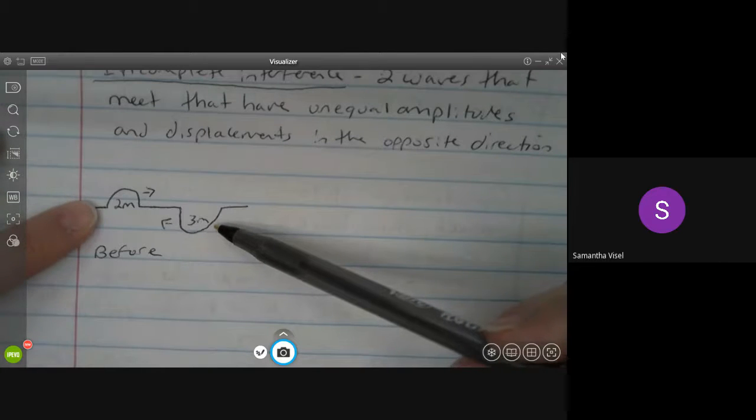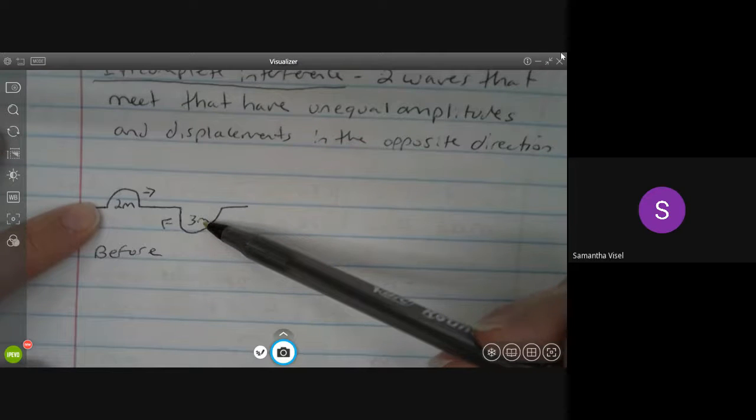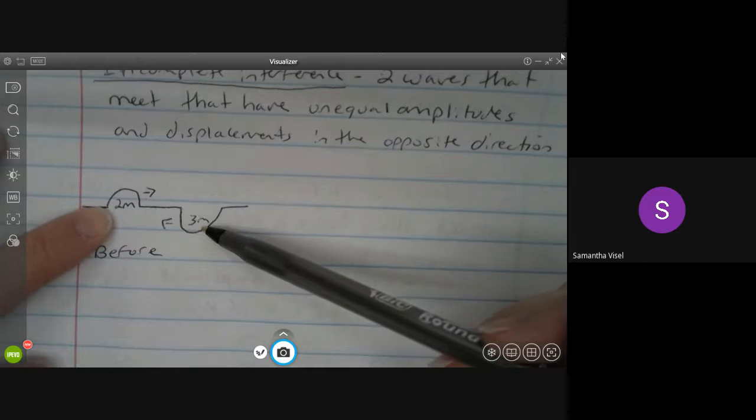These two are in opposite directions, so they are going to end up canceling out like in destructive interference, but they're not the same size.